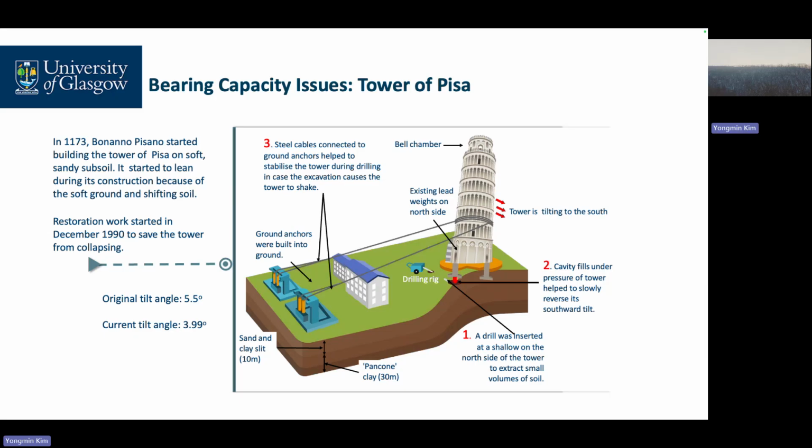While removing the soil, the wire resists so the Tower of Pisa is protected from 100% collapse. Then it gradually goes back to the original place. The initial angle was 5.5 degrees. Now it's around 4. Constant, stable conditions.